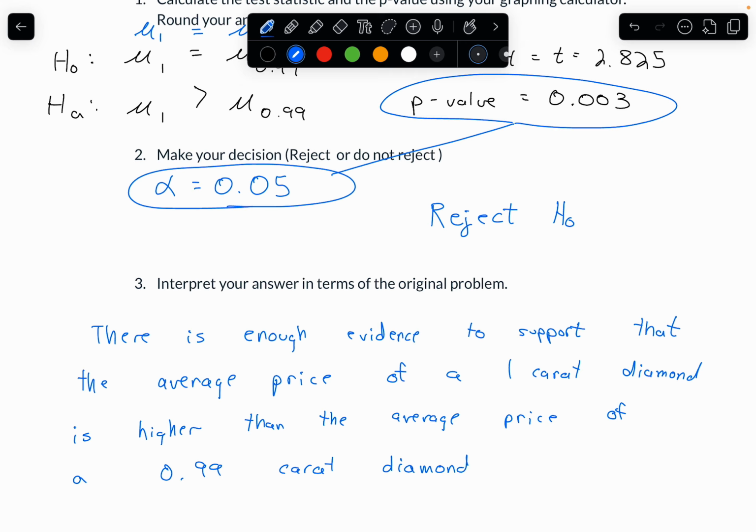So the decision-making process and interpretation should feel the same as we've seen in all of our other hypothesis testing problems right here.